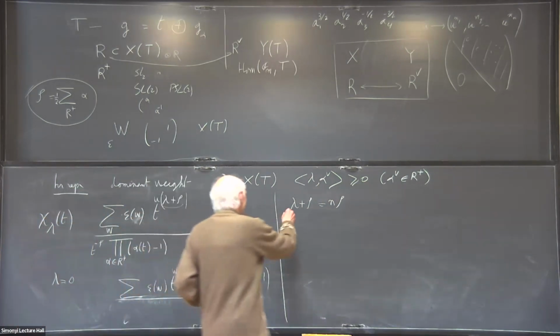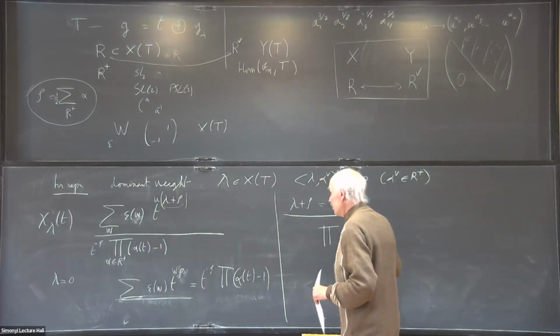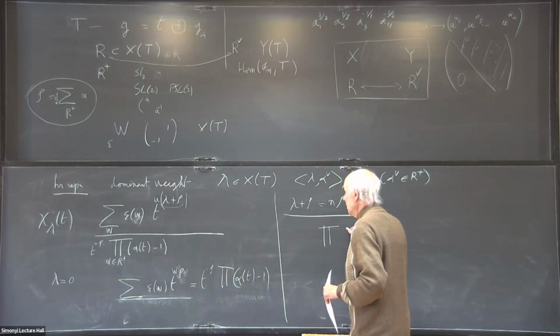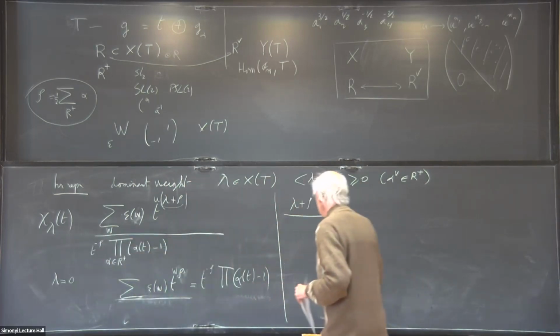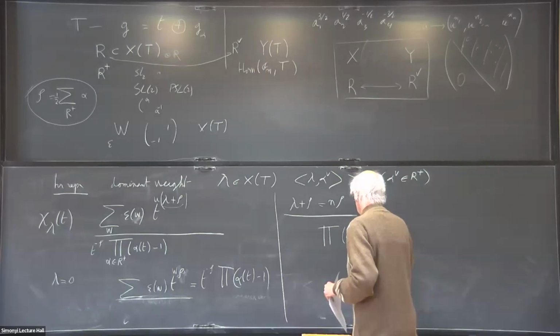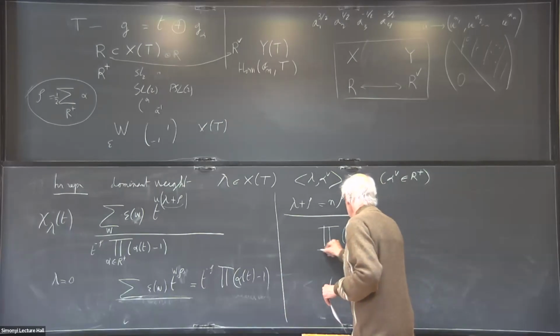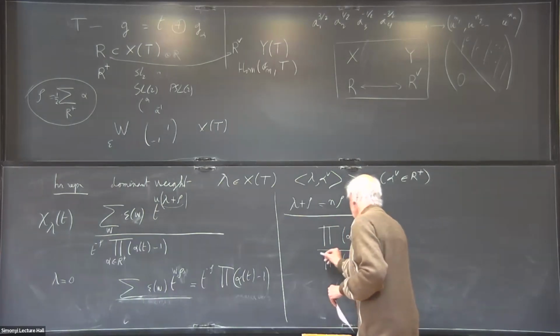So for λ plus ρ equal to nρ, we get the following formula. I will neglect those characters which don't matter for zeros. So the product of (α(t^n) minus 1) divided by the product of (α(t) minus 1).